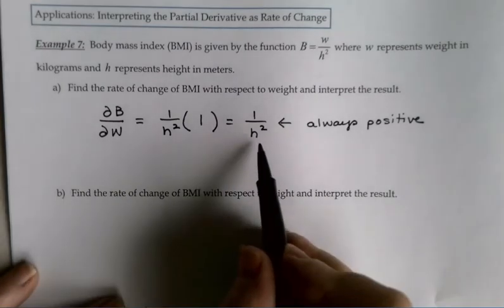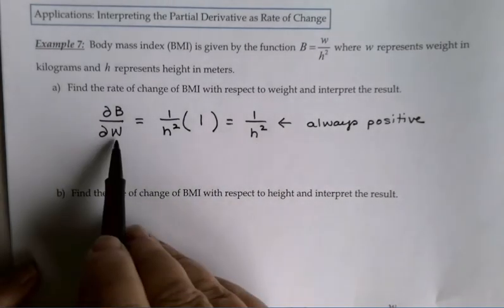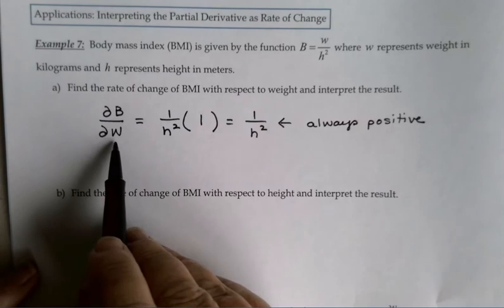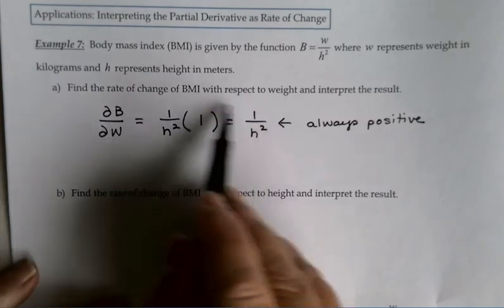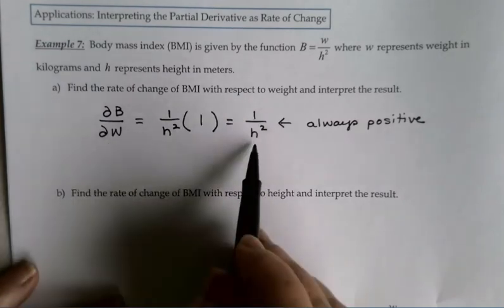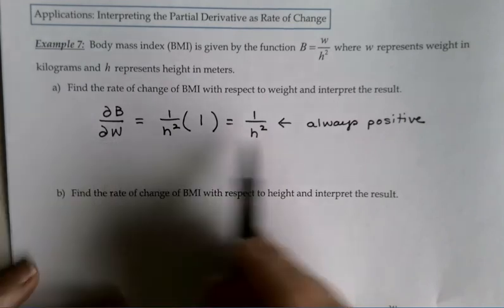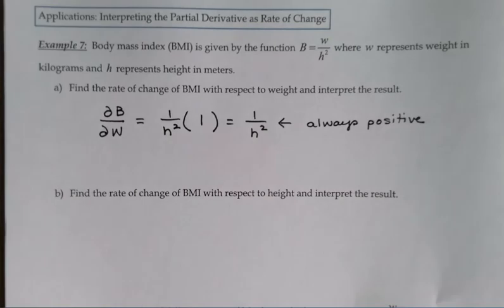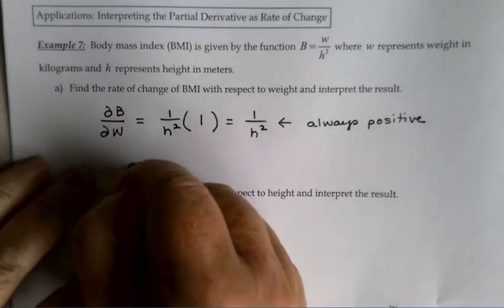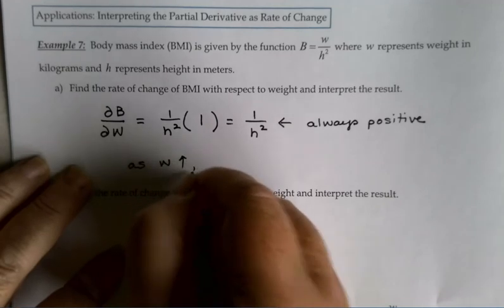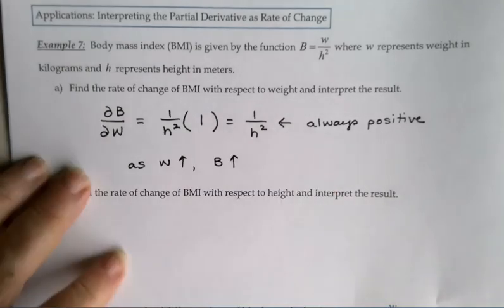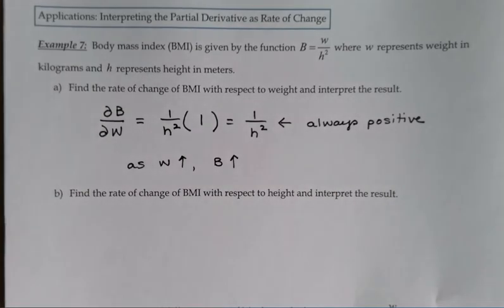Does that make sense? Well, let's see. We're talking about the rate of change with respect to weight. If your height stays the same, constant, but the weight increases, then body mass index would also increase, right? BMI would go up as you gain weight. So as weight increases, BMI also increases, which is logical.